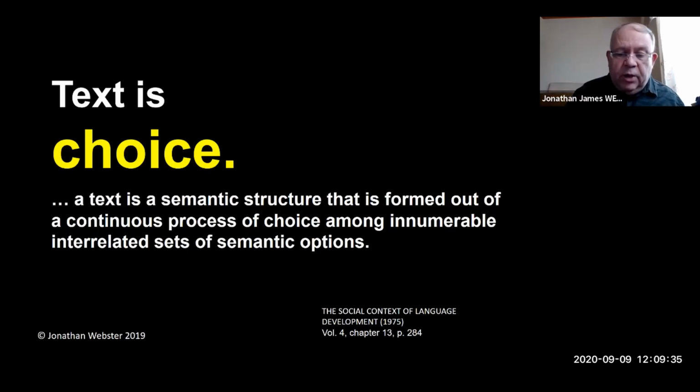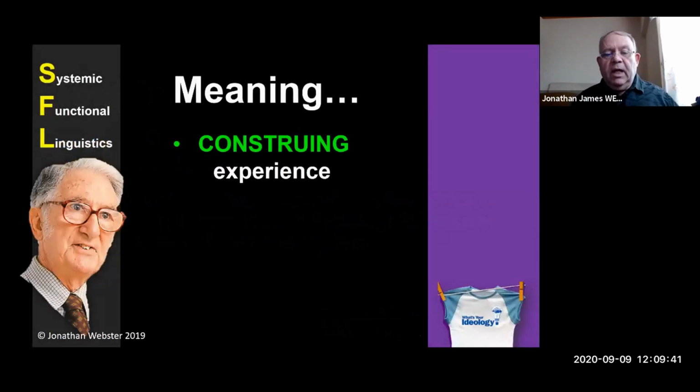And the choices are innumerable, interrelated sets of semantic options. And what we mean by these sets of options, we're going to call these sets the functions of language, the metafunctions of language: different aspects, purposes to which we put language.